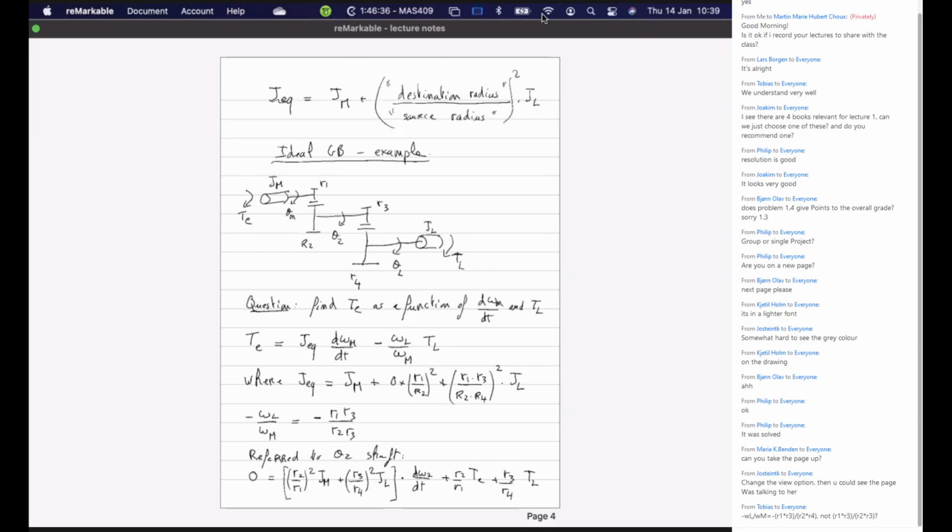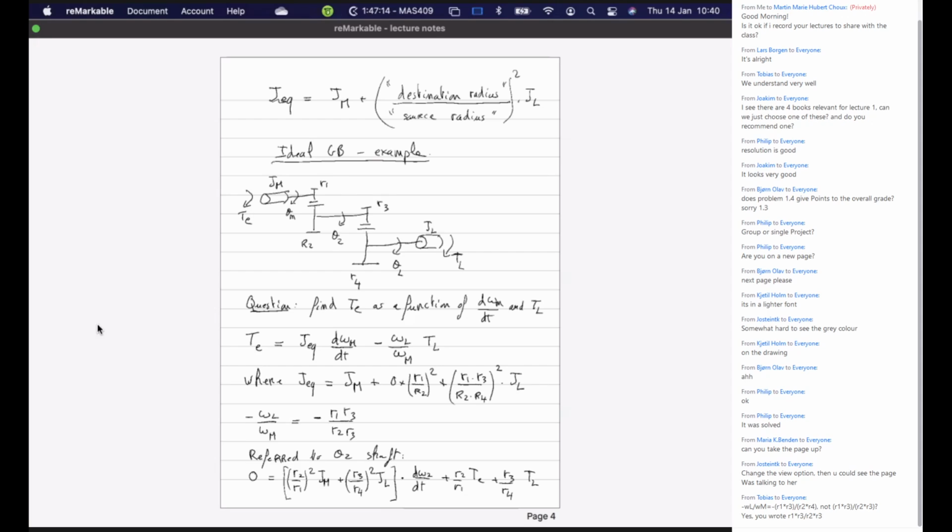Yes, if we take omega L divided by omega M, then we need to go backward. So it's R3 divided by R4 to get omega 2. And then it's R1 divided by R2 to get omega M. So then it becomes R1 times R3 divided by R2 R4, yes.